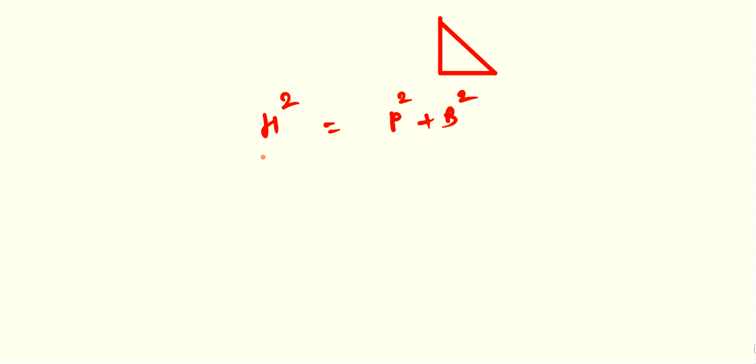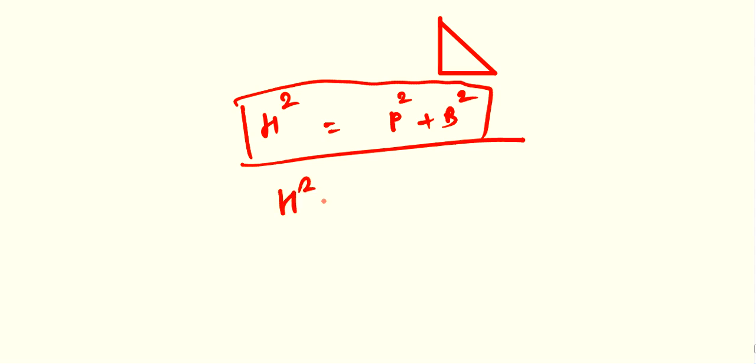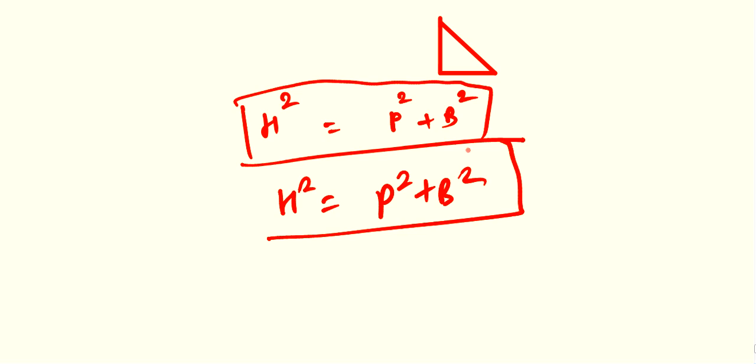So basically this is your Pythagoras theorem. Hypotenuse square equals perpendicular square plus base square. Only one formula for this chapter, and you have to substitute values for hypotenuse, perpendicular or base. One will be unknown here, and two quantities will be given to you.